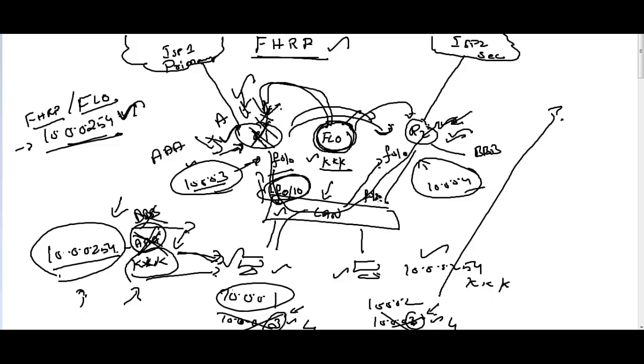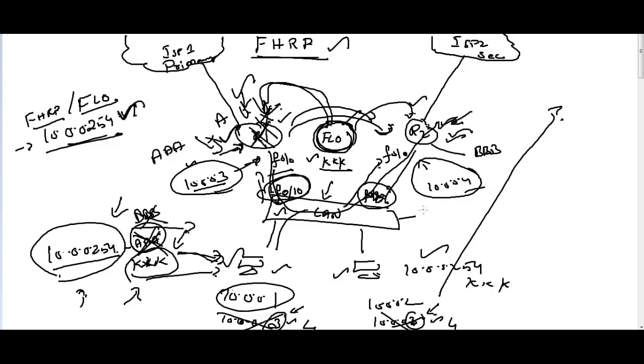R2 immediately responds, saying, here I am, I have moved from R1 to R2. My IP address is 10.0.0.254, and this is the interface, FastEthernet 0/20, through which you can reach me. So a new MAC entry happens for KKK.